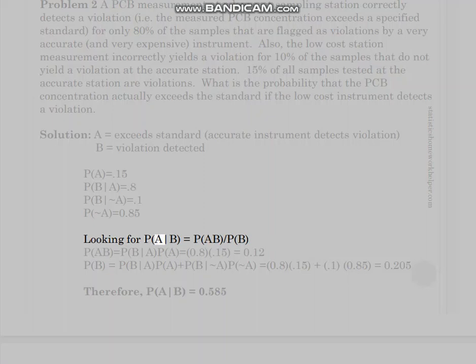Looking for P(A|B) equals P(B|A) P(A) divided by P(B). P(B|A) P(A) equals 0.8 times 0.15 equals 0.12. P(B) equals P(B|A) P(A) plus P(B|not A) P(not A) equals 0.8 times 0.15 plus 0.1 times 0.85 equals 0.205. Therefore, P(A|B) equals 0.585.